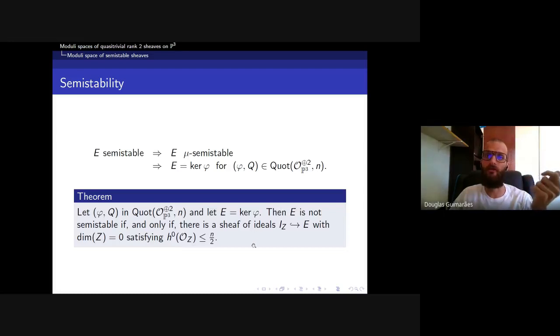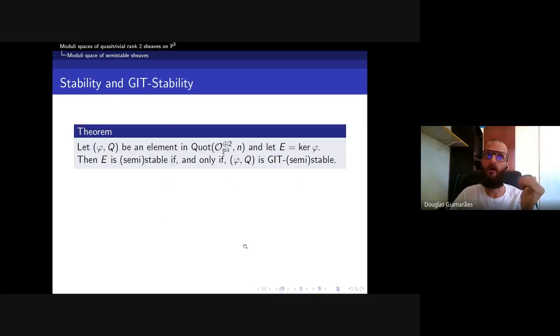As with mu-stability, we also have a bijection between the semistable sheaves and the orbits of the action. We can relate the action here too, and what we can prove now is that, fixing a point in the Quot-scheme and letting E be the kernel, E is semi-stable if and only if the point in the Quot-scheme under the action is GIT semi-stable.